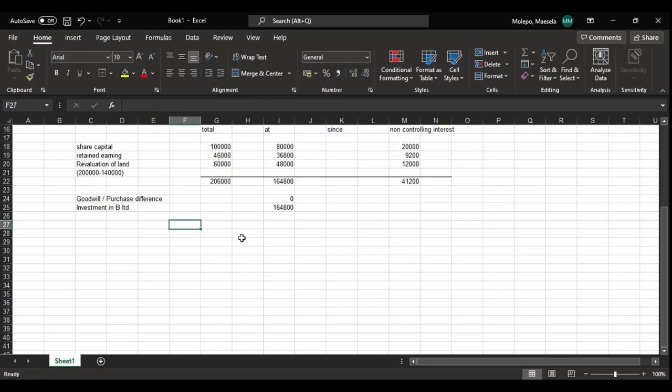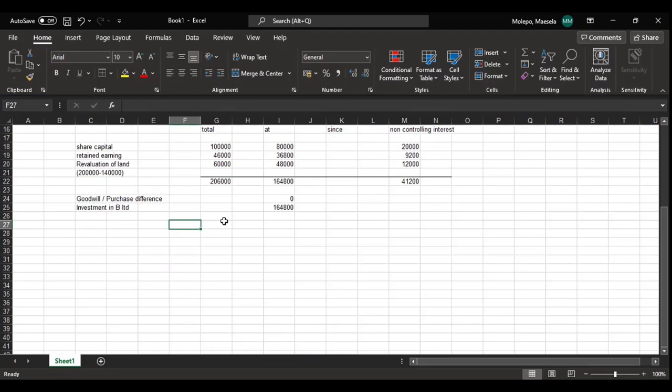Can I ask, is it possible for them to say the current amounts of the entities' assets and liabilities are not equal to the fair value?